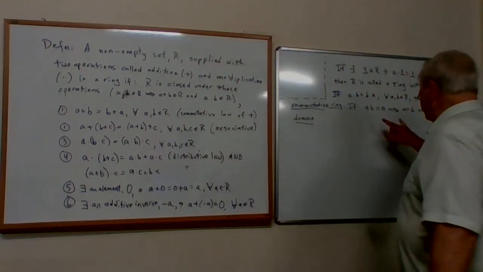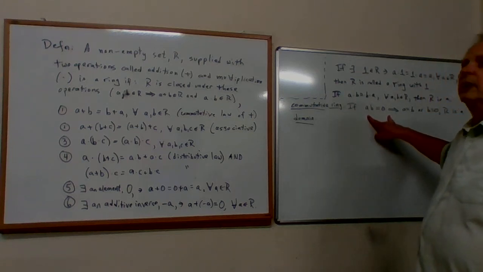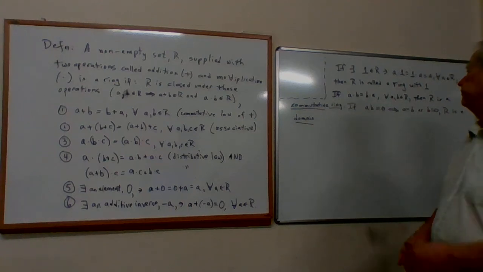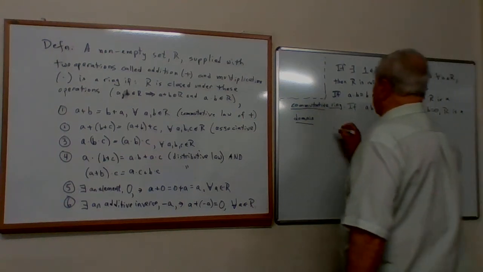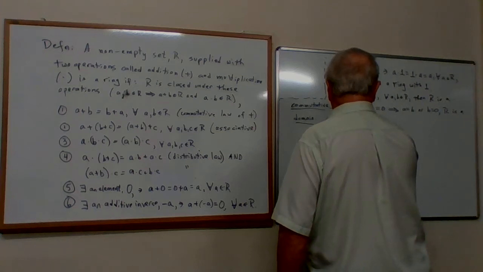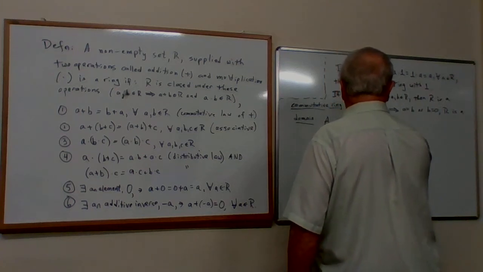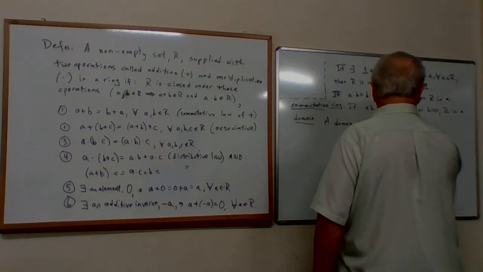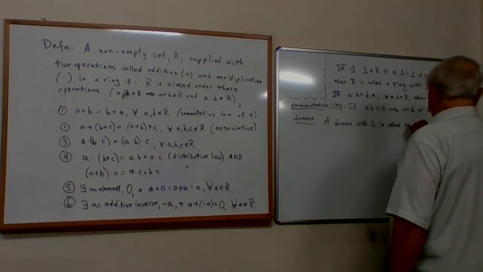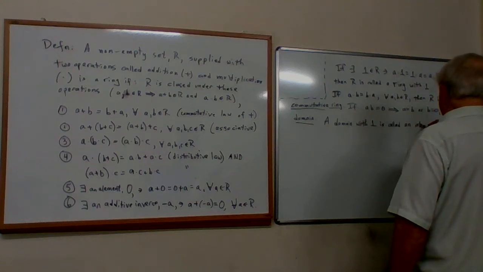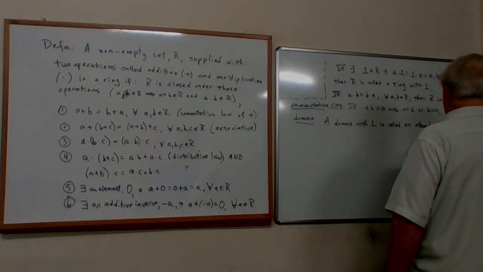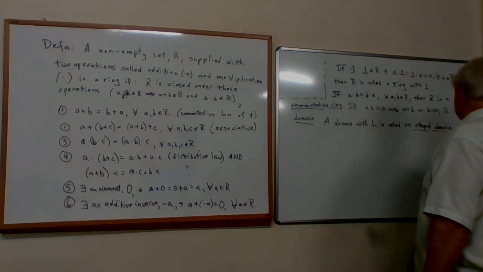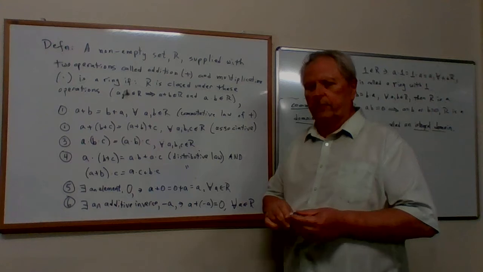But when you do not have any non-zero zero divisors, the ring is called a domain. A domain with 1 is called an integral domain. Question: what about the integers?